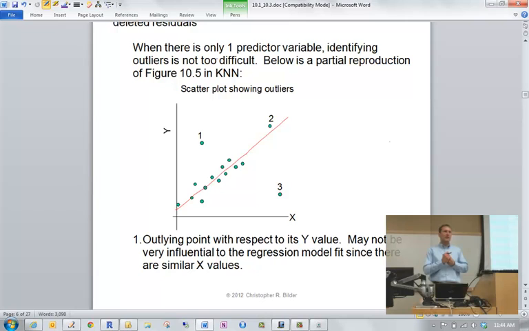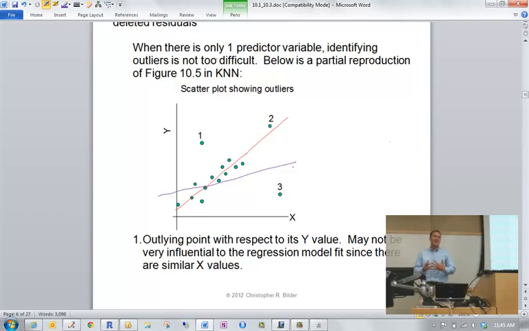The slope of the line is going to change. In fact, what happens is that observation 3 will pull the line towards it. It will exert influence on your model.